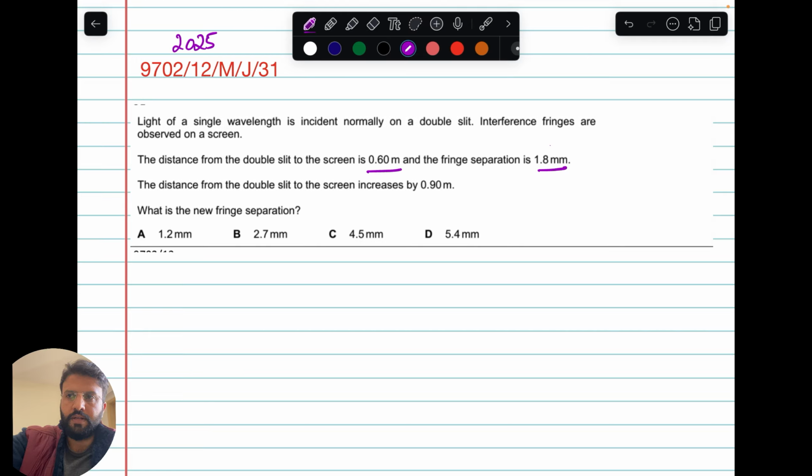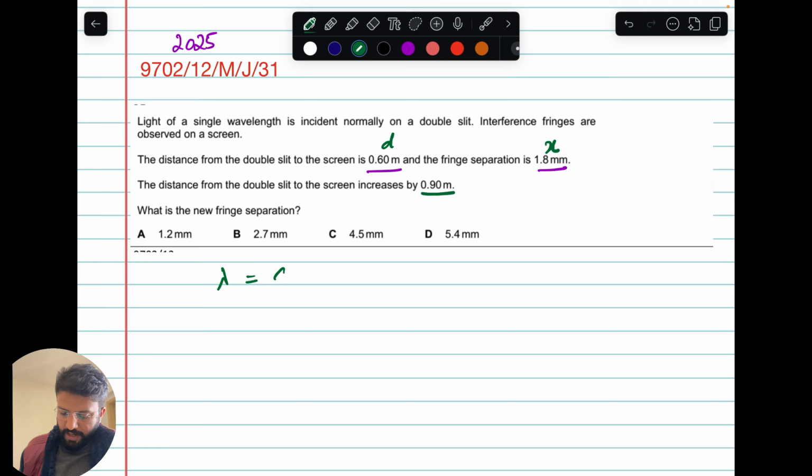So here you have d, here you have x. The distance from the slit to the screen is increased by 0.9. What you have to find is the new fringe separation.